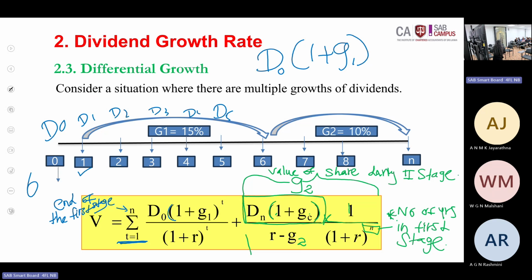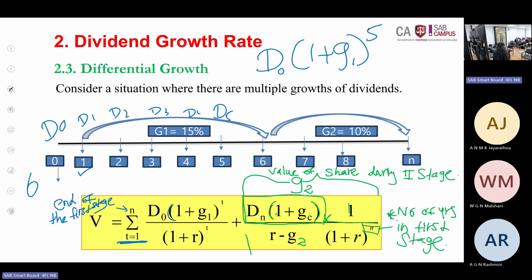How many years? 5 years. You are at the 5th year. Can you take the year 5 dividend and add it to the value?